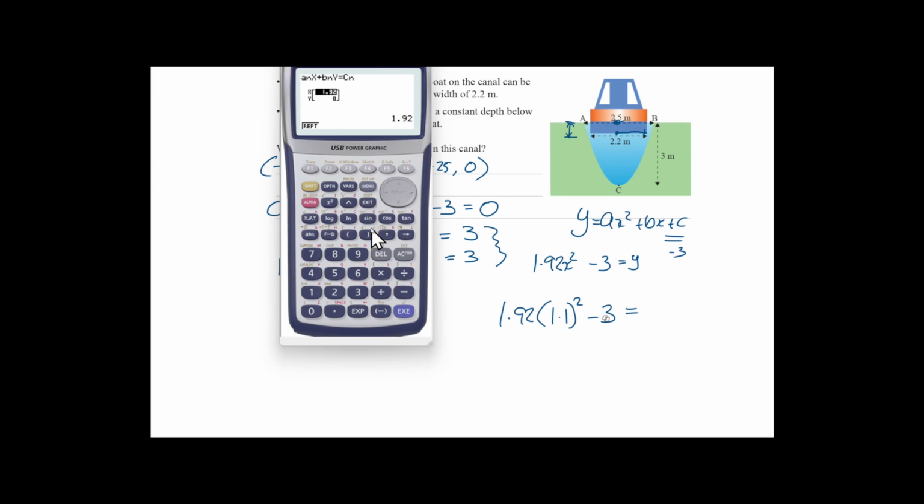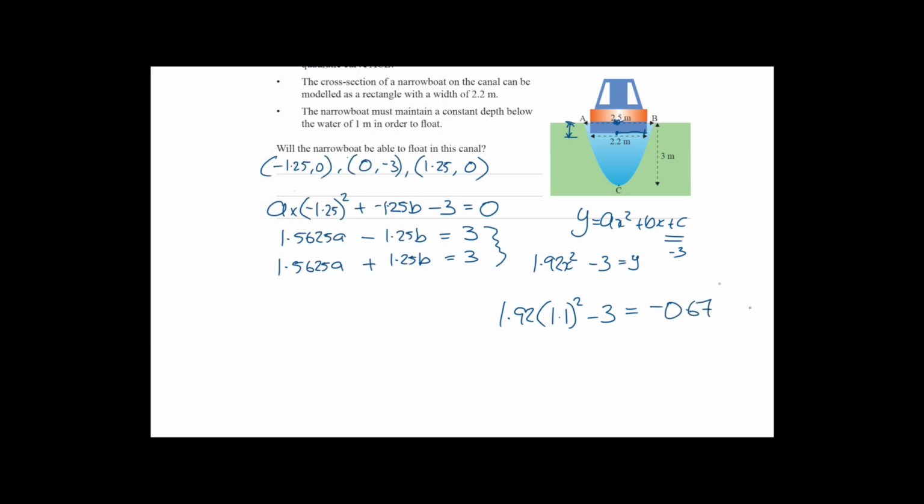So, negative 0.67, which is too shallow.